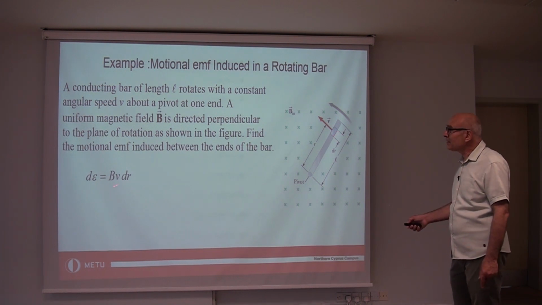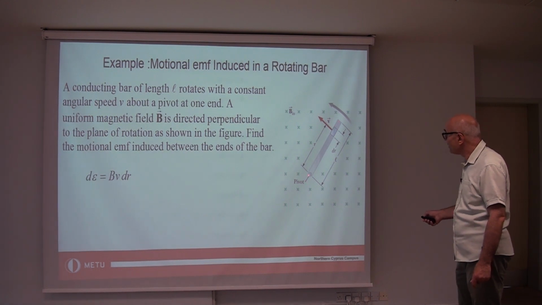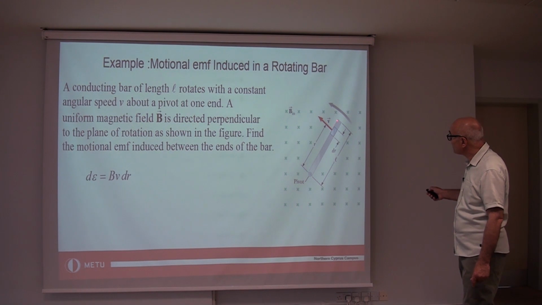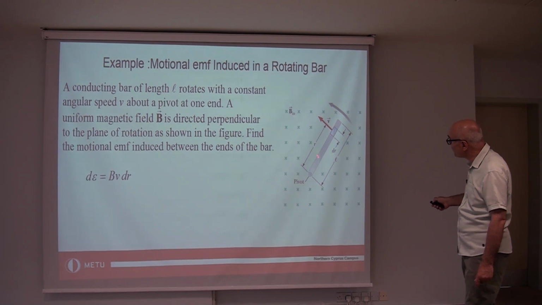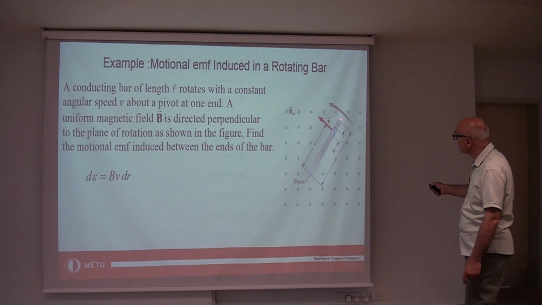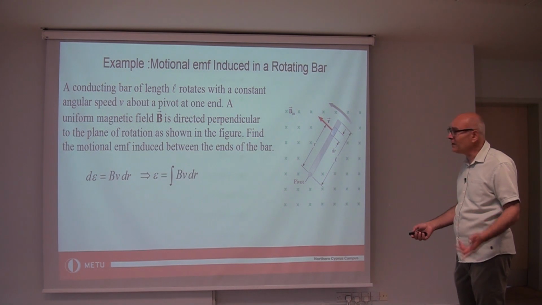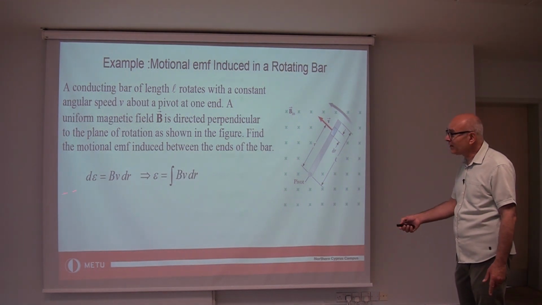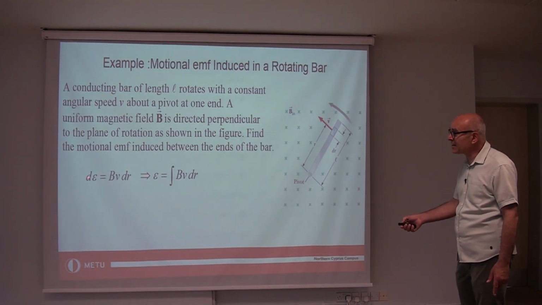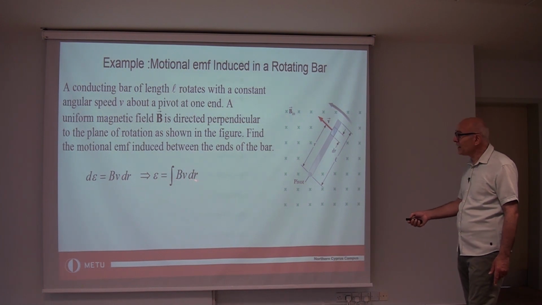Now, to find the electromotive force across the whole rod, we add the potentials across each of these dr's together, from one end to the other. That just means integrating.